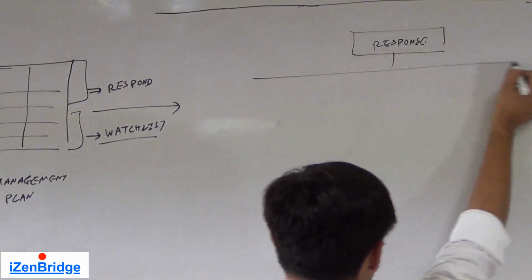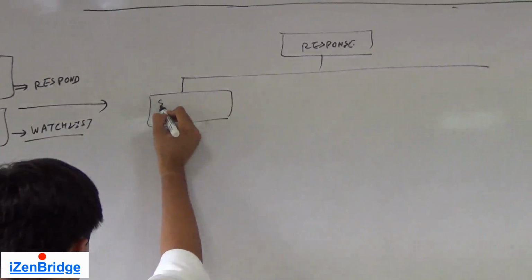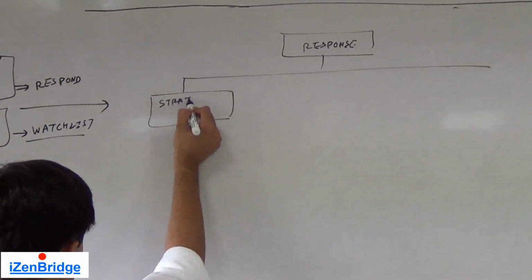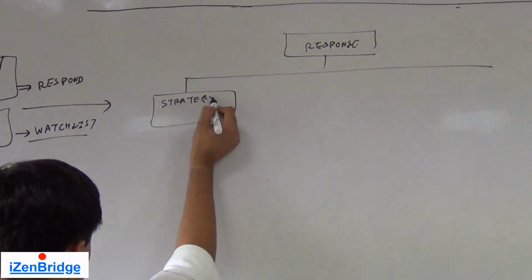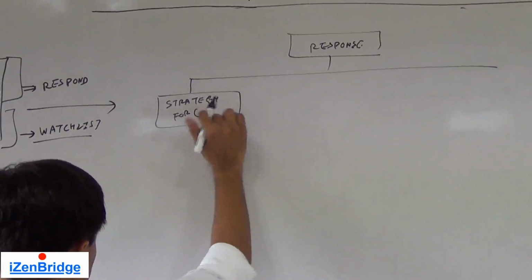So let us look at responses here. We can say a strategy for positive or for negative risk.